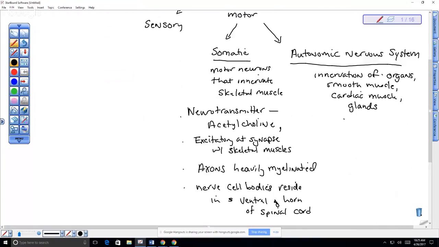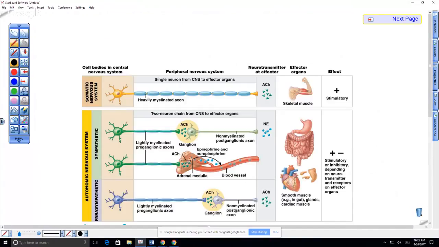Okay. So we're going to compare this to what we see in the autonomic nervous system. If we look at a diagram that shows the difference, here is what we just talked about. Here's the very top. This is the somatic division. And you can see that the nerve cell bodies are residing in the spinal cord. They're heavily myelinated. They release acetylcholine, and their effector is in skeletal muscles, and they are stimulatory.